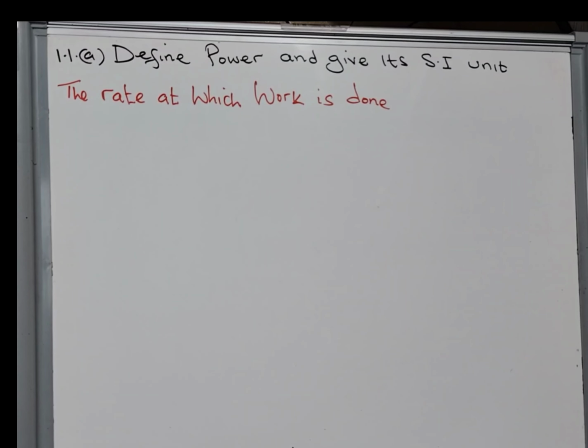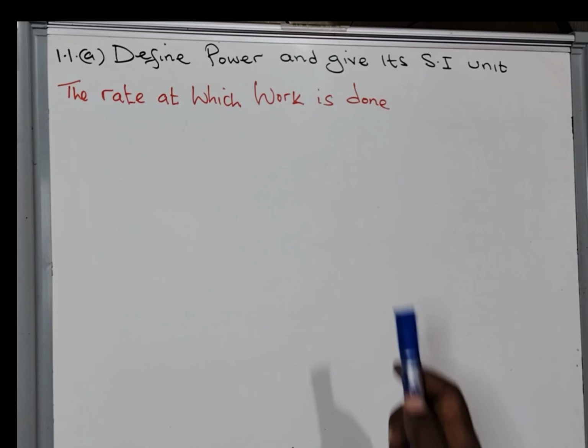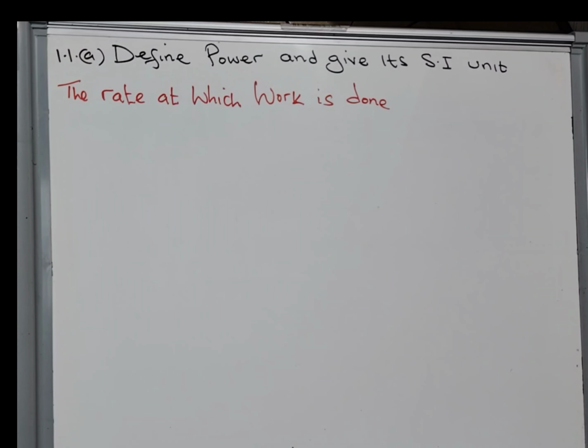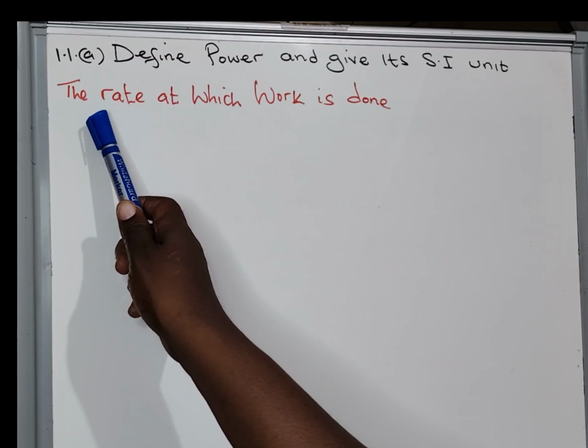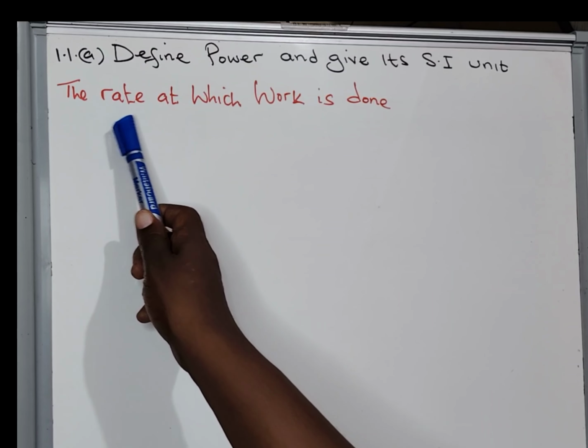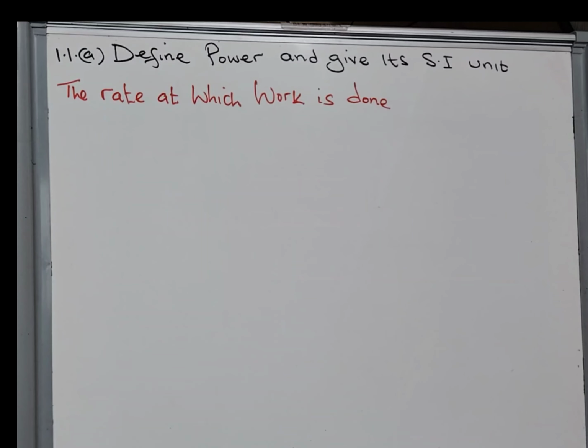So that is that. But before we leave this question, I want us to look at some basic expressions for power. Every time you have the aspect of rate, as a scientist, what comes to your mind? That there is an aspect of time.